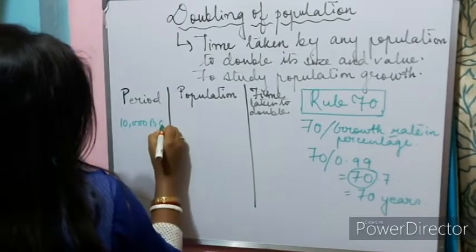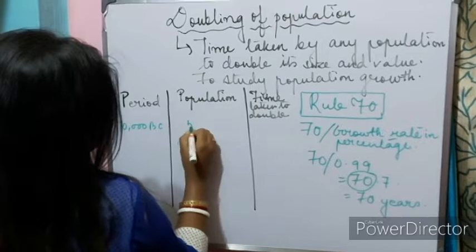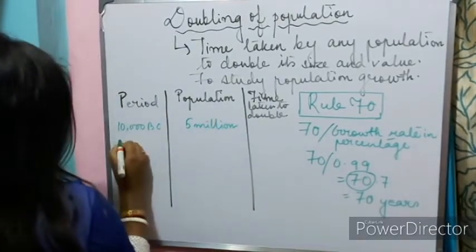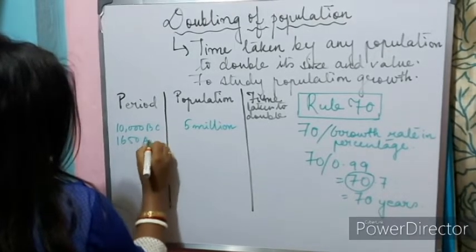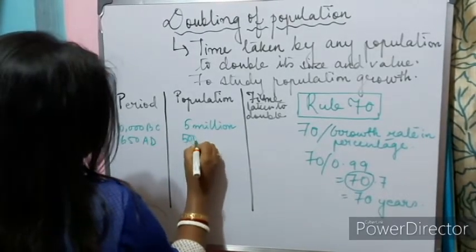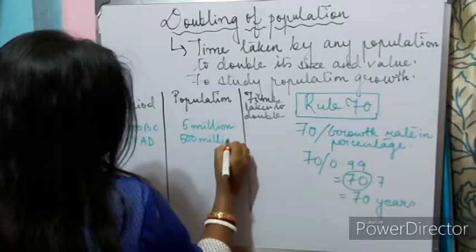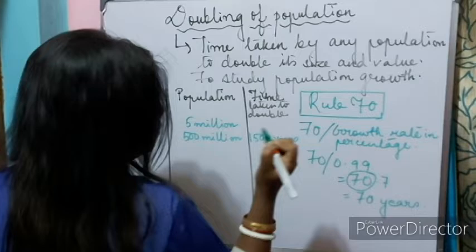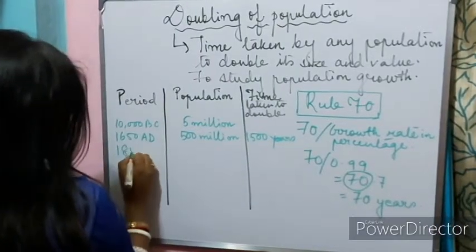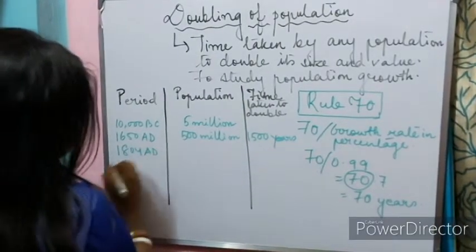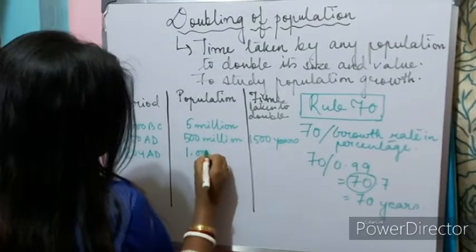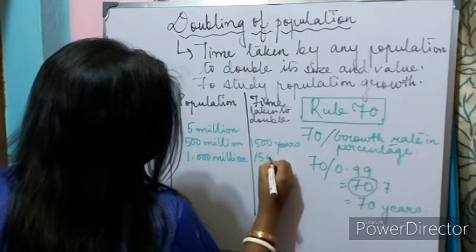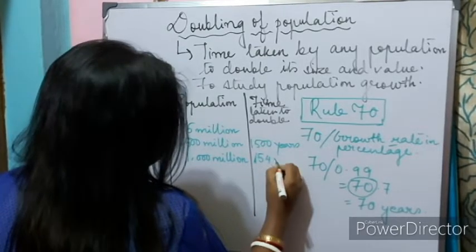In BC, the population was 5 million. By 1650 AD, the population reached 500 million in only 1500 years. In 1804 AD, the population reached 1000 million in only 154 years.